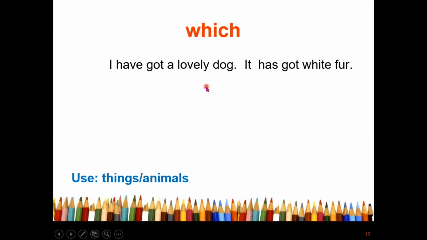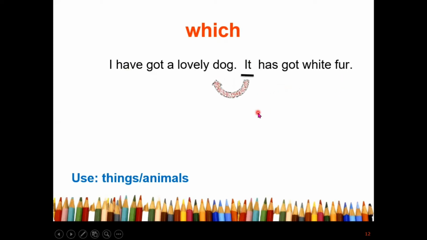Here I will use it instead of the dog, right? To replace the dog from the second sentence. طب which pronoun replace the dog? هشيله من الجملة الثانية عشان أحط which. Yes, I hear someone saying it. Perfect. I have a lovely dog which has got white fur.